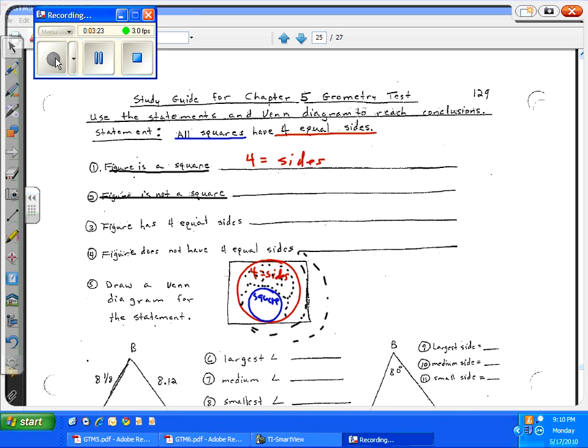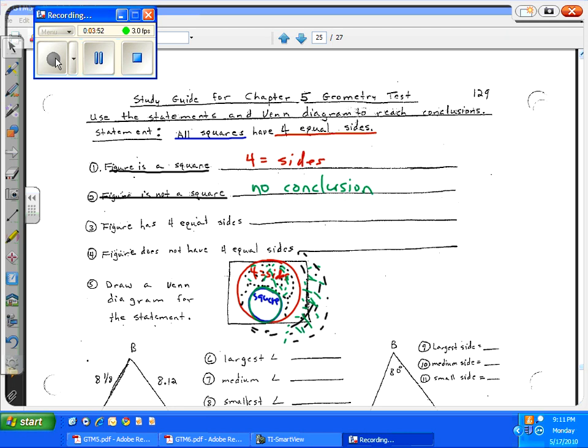It could be outside the big circle. So if it is not a square, then it might have four equal sides, but then again, it might not have four equal sides. And so we can reach no conclusion as to whether it has four equal sides or not, just given the fact that it's not a square.